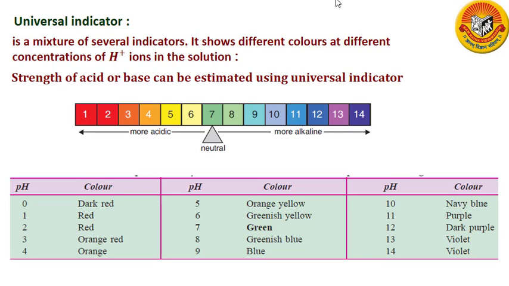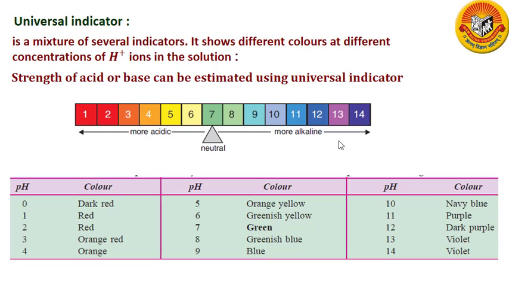The color produced is then matched with the color on the standard pH color chart. See, this is a standard pH color chart. We match the color with this chart. We can read the pH value corresponding to the given color, and knowing the pH value we can tell whether the given solution is a strong acid, a weak acid, a strong base, or a weak base.